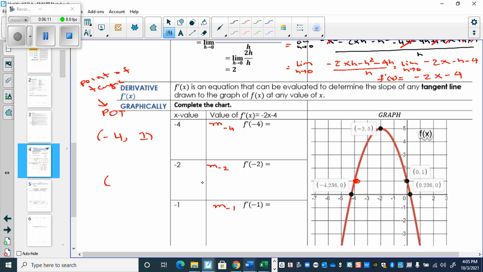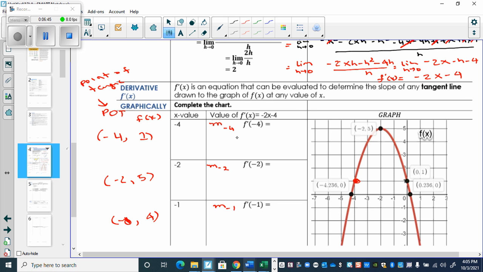Right here, -2, find it on the graph, and that point is 5. Right here, find it on the graph, it's -1, and that point is 4. Okay, and this is from the function f of x. These are points on f of x. These are points of tangency.